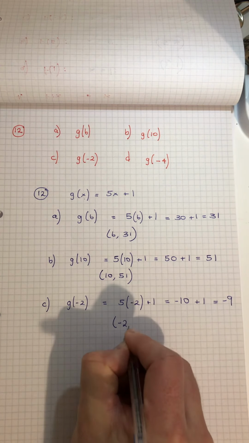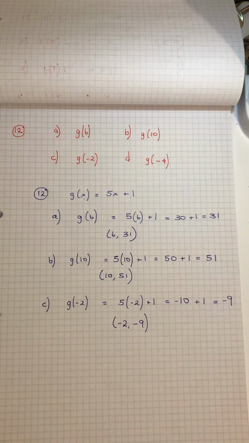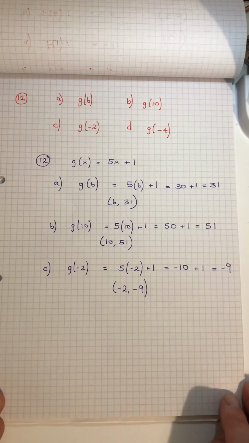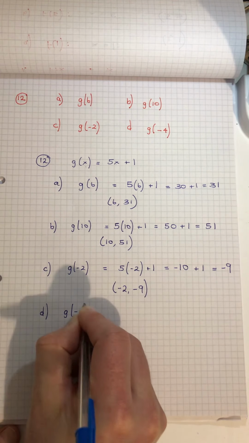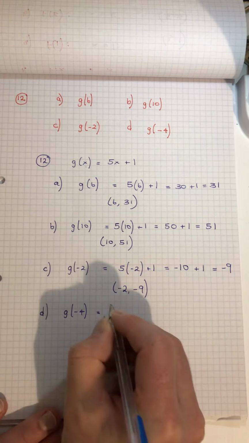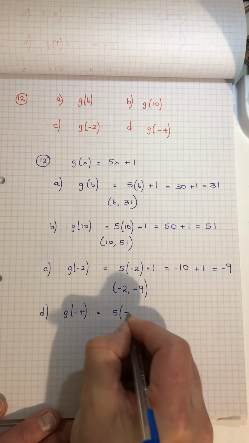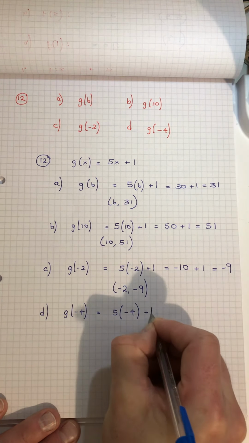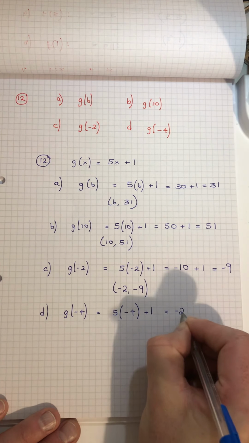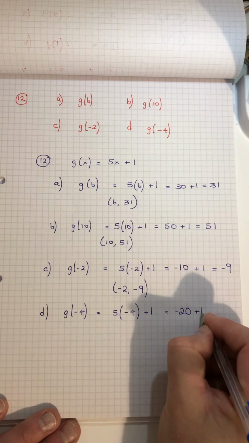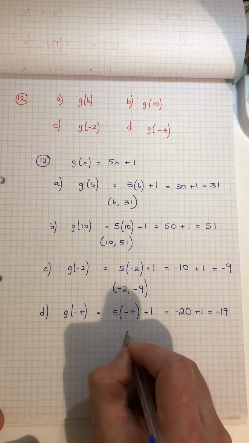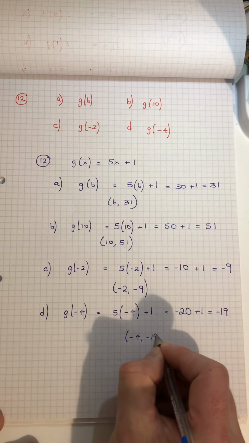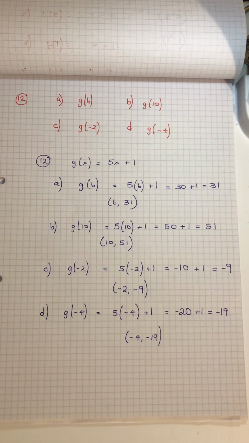When you put in minus 2, you get out minus 9. And for part D, g of minus 4 is equal to 5 and in brackets minus 4 plus 1. 5 times minus 4 is minus 20 plus 1 is minus 19. So minus 4 and minus 19. Okay, so that's question 12.